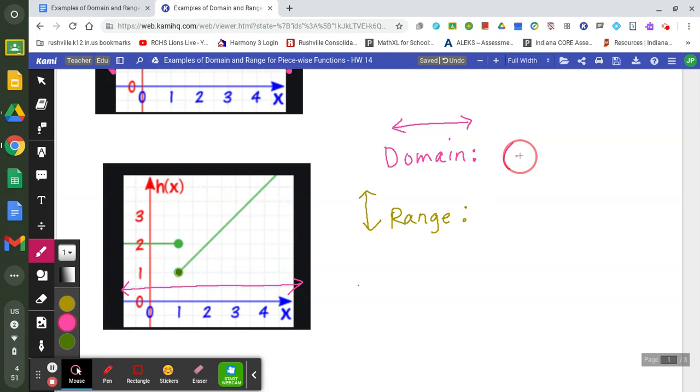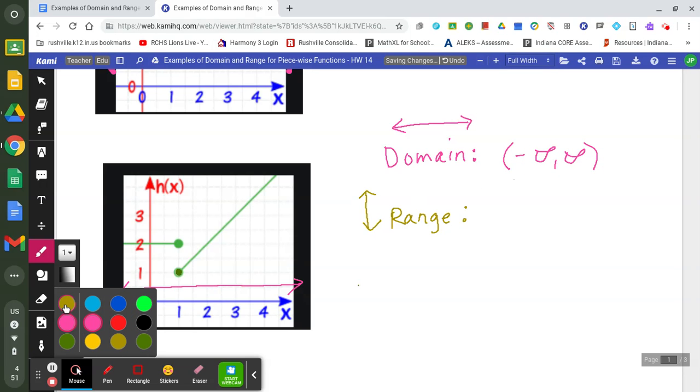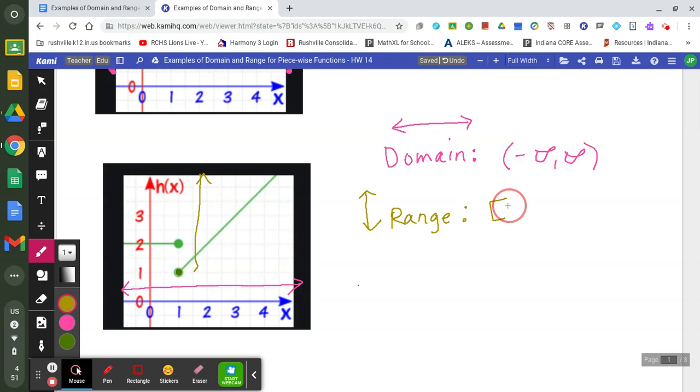So the domain is still negative infinity to positive infinity. The range this time, it does start right here at this 1, and it continues to go up. But this time, since that 1 is closed in, I have a bracket, which means 1 is included, and it's still positive infinity.